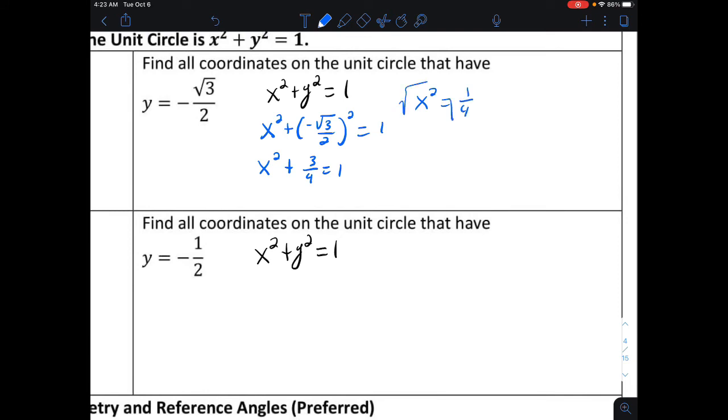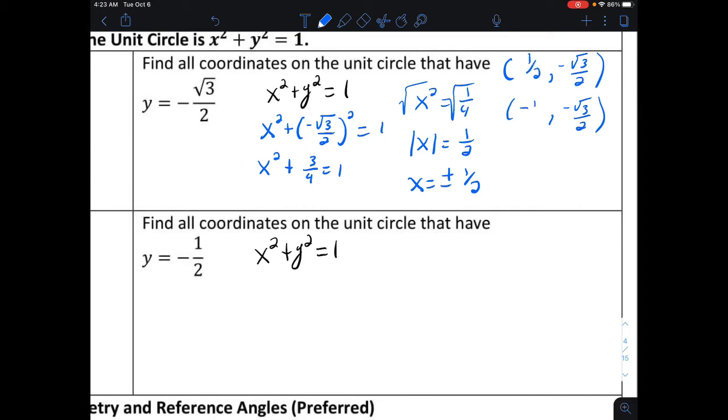Take the square root of both sides. The square root of x squared is the absolute value of x. The square root of 1/4 makes 1/2. So we have two possible values for x. X could be positive or negative 1/2. So we have to put that back into a coordinate. So remember, the y value of these coordinates was the negative square root of 3 over 2, and the x values are either positive 1/2 or negative 1/2.